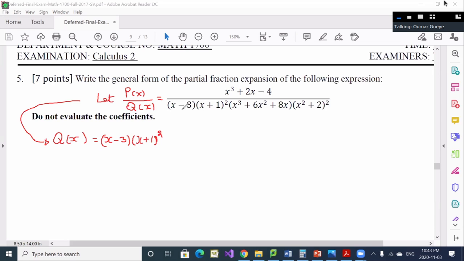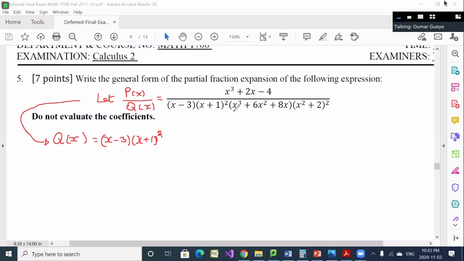So here is a linear factor, I just copy it. The second one is also a linear factor, repeated twice, that's okay. But the third factor is not linear and it's not quadratic because the highest exponent of x is not 2, it's 3. So that's why it's a cubic function. So for the cubic function, we need to factorize it again.